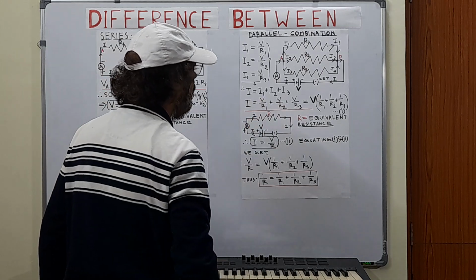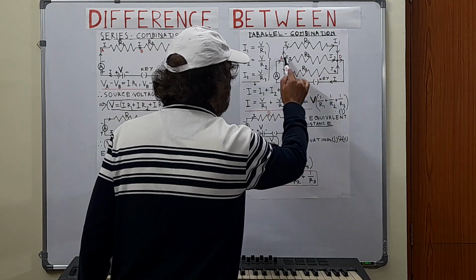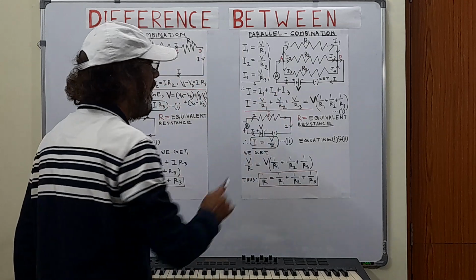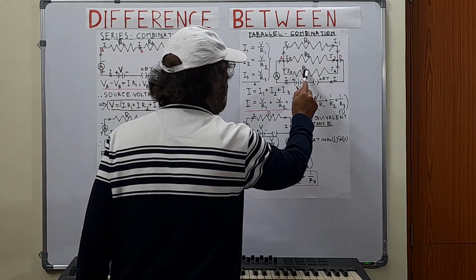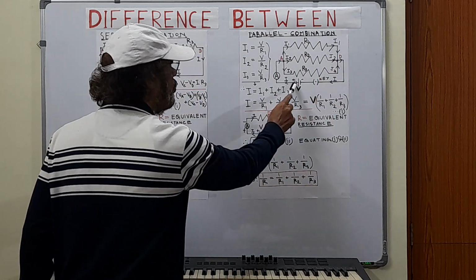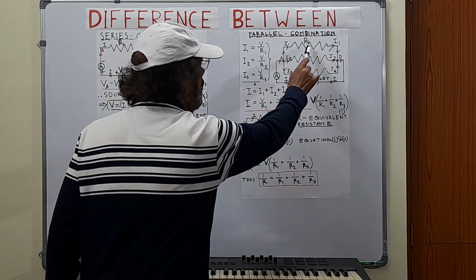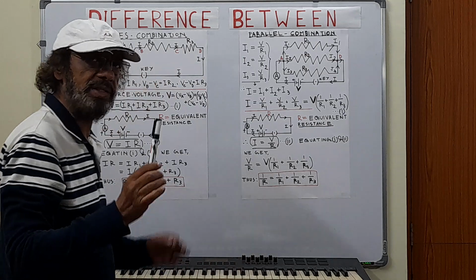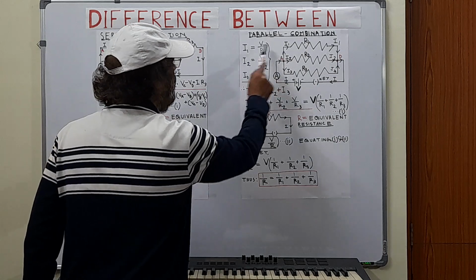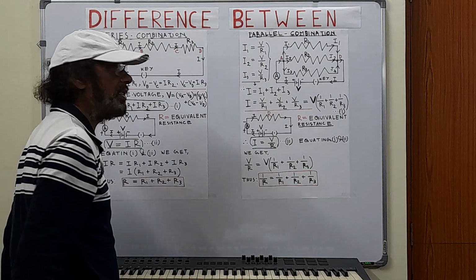Since point A and point B are connected to the battery, the potential difference across each resistance must be equal to VA minus VD, which is equal to the source voltage V. Therefore, the voltage across the three resistances will be the same, that is V. By using Ohm's formula, current I1 must be equal to the common voltage V divided by resistance R1.